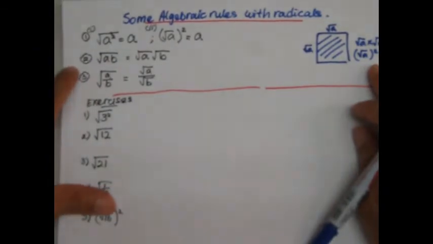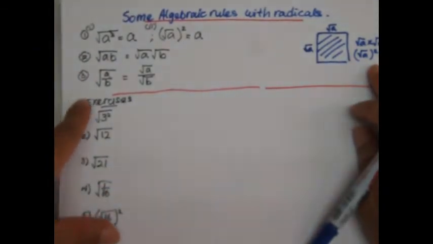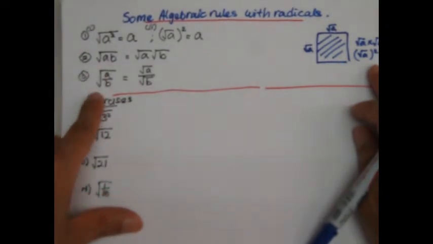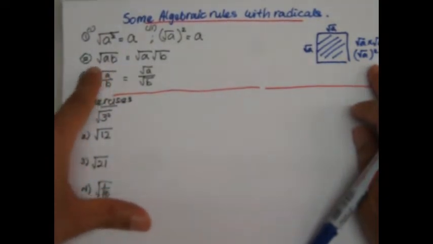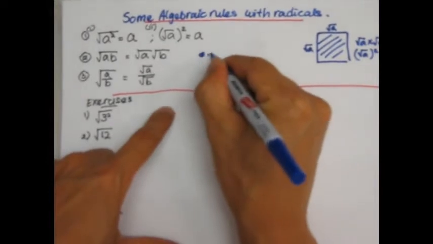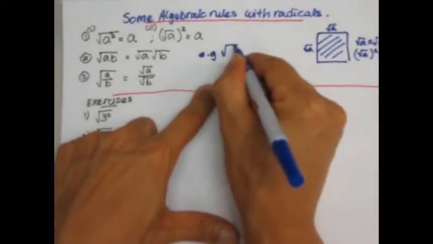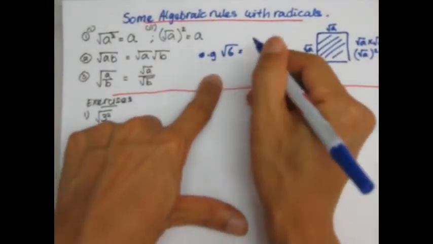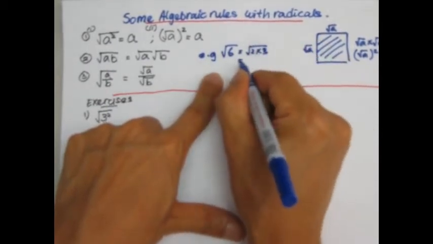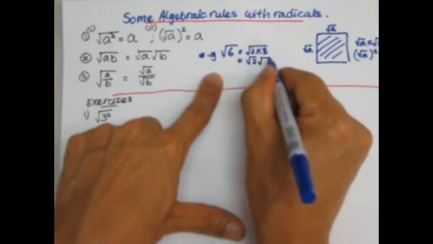Rule number 2 and rule number 3 basically mean the square root can be distributed to the two terms that make up a product, like this: square root of a times b is square root of a times square root of b. For example, square root of 6 can be written as square root of 2 times 3, which is square root of 2 times square root of 3.